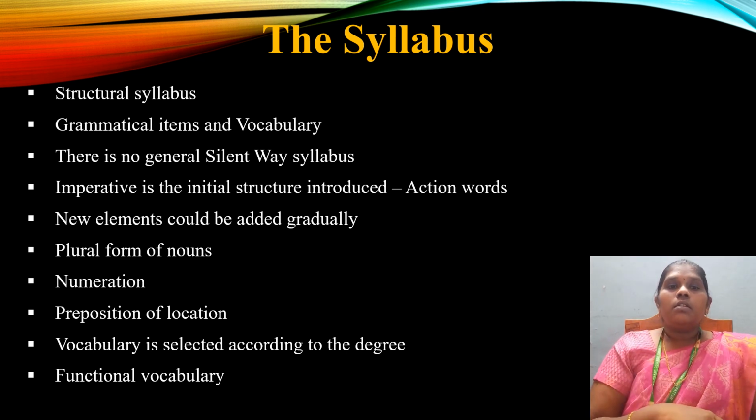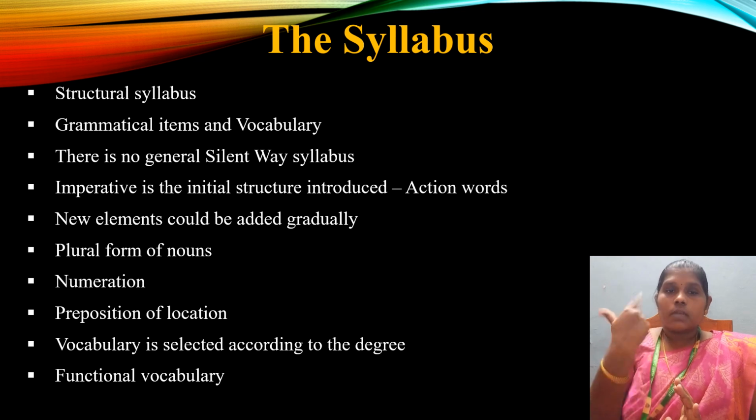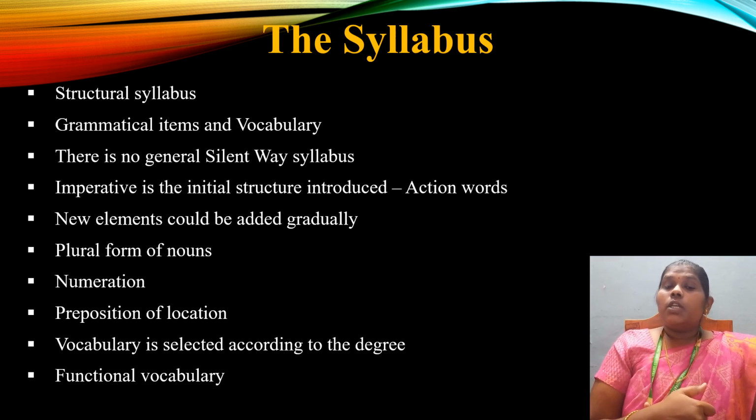Whereas for the syllabus, we follow a structural syllabus in the Silent Way, where the focus is on grammatical items as well as vocabulary. Okay, and there is no general Silent Way syllabus so far. We don't have one, but if you follow the structural syllabus, it gives a lot of importance to grammar as well as vocabulary.